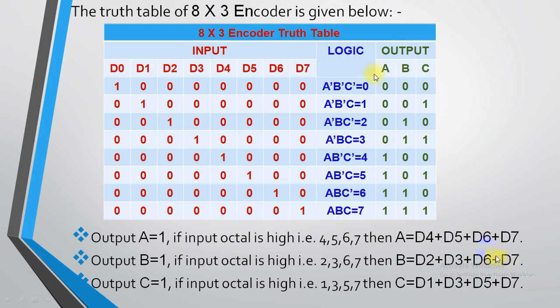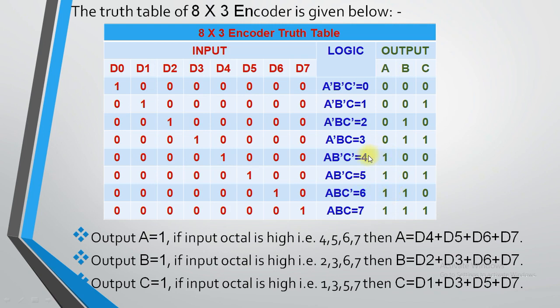Let me repeat this point once again. How to form the Boolean function for each variable? First of all, you need to write A, B and C. Now consider the case where the value of A equals to 1. In the last four cases, the value of variable A is 1.